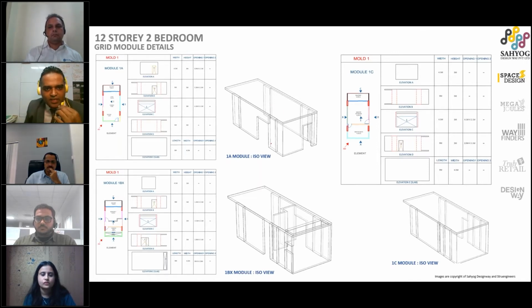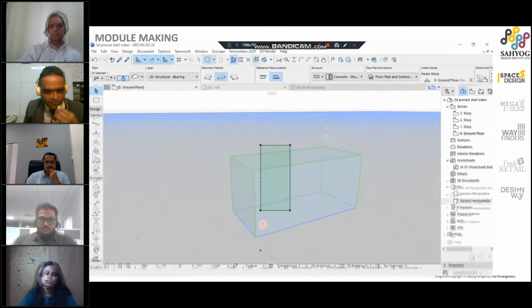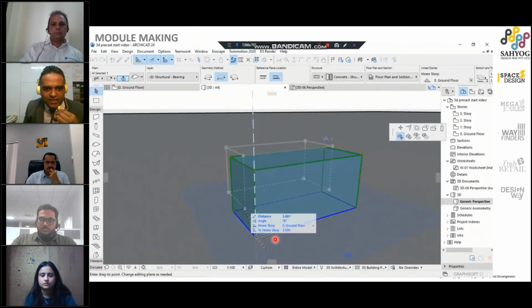And so then coming to a detailed understanding, we created a small video of the software we use to do this. So this is a 3D module.